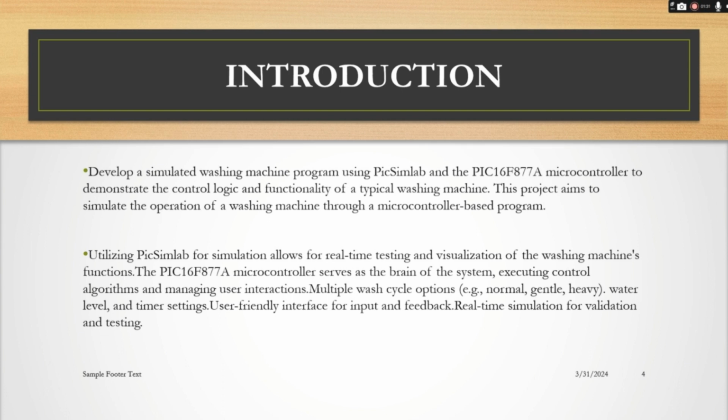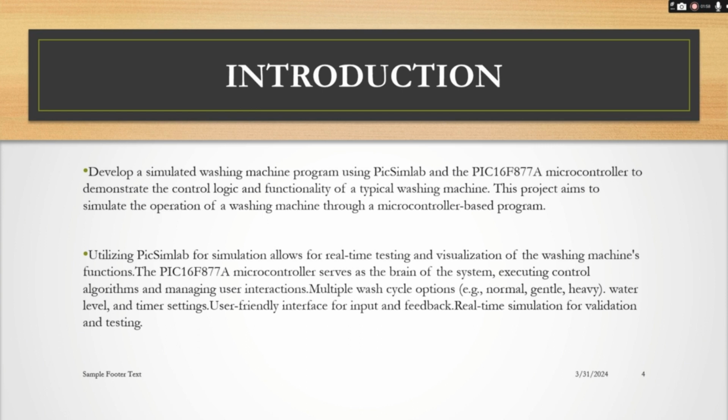Develop a simulated washing machine program using a PIC16F and the PIC microcontroller to demonstrate the control logic and functionality of a typical washing machine. This project aims to simulate the operation of a washing machine through a microcontroller-based program. Utilizing PIC16F for simulation allows for real-time testing and visualization of the washing machine's functions.